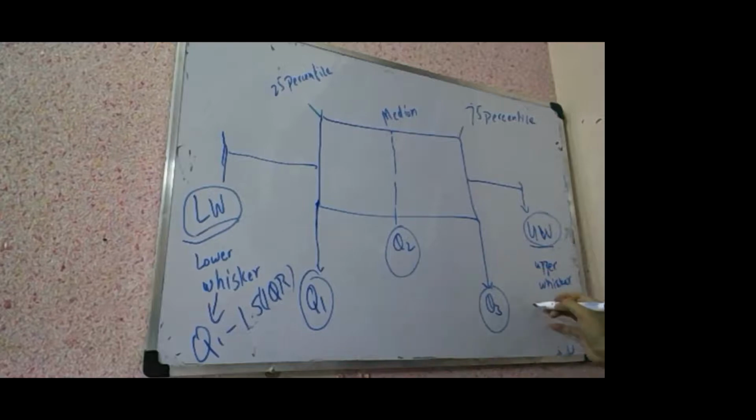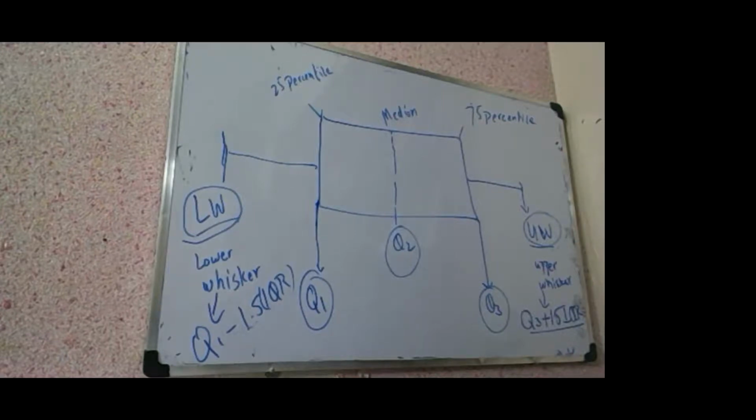This one should be plus. So upper whisker should be Q3 plus 1.5 IQR. So these three things you need to draw the whisker box plot, or box plot.